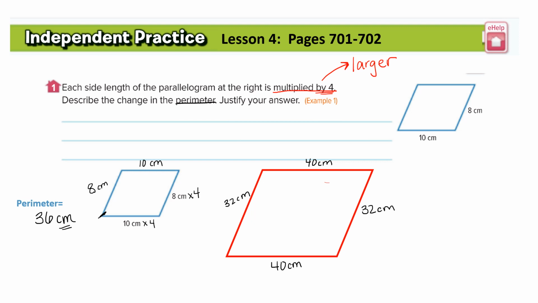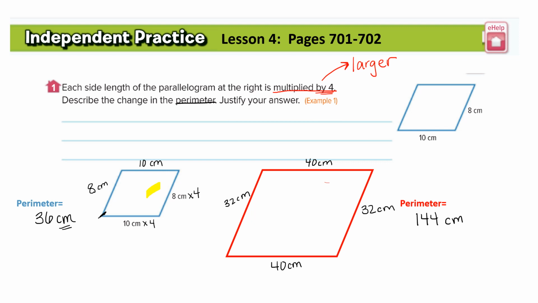All right, so now over here, 40 plus 40 is 80, plus 64 equals 144. So the perimeter of my enlargement is 144 centimeters.